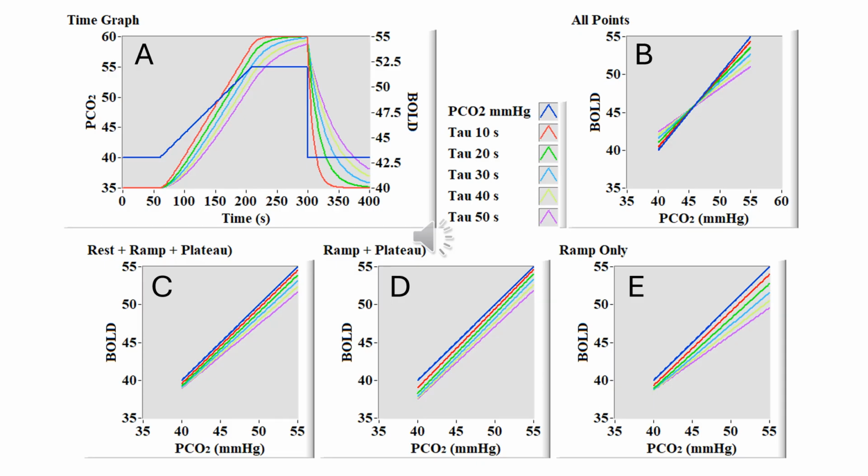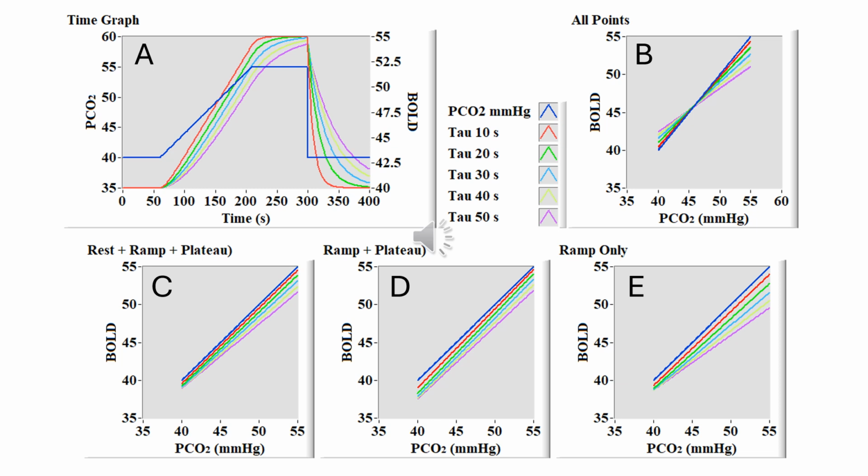These graphs show the effect of transients on the measurement of CVR using a ramp stimulus. Graph A shows the time course of bold responses of voxels with the same steady-state CVR, but with various time constants, tau, the colored lines.